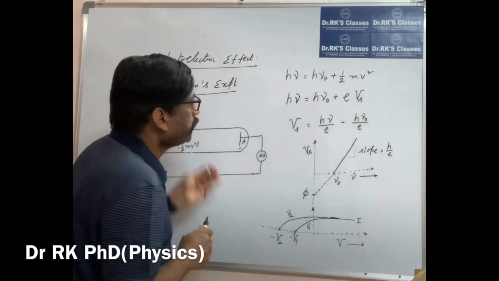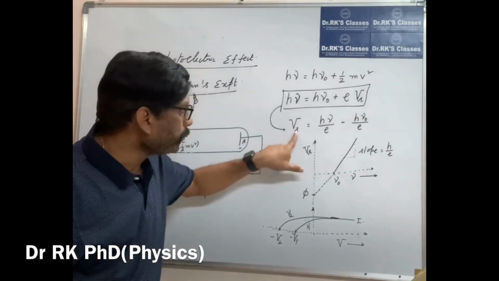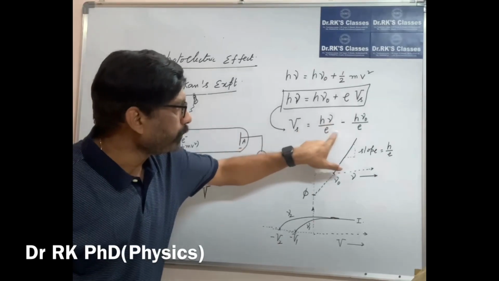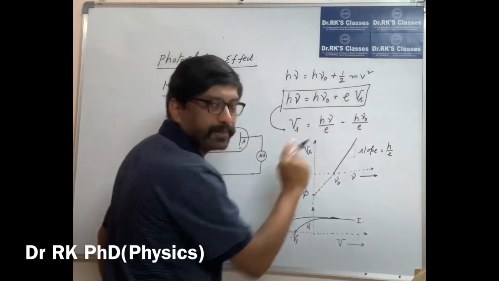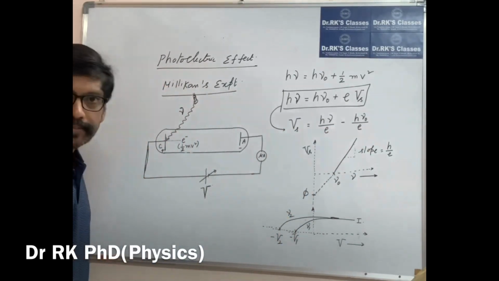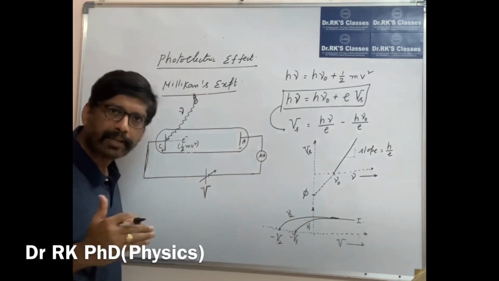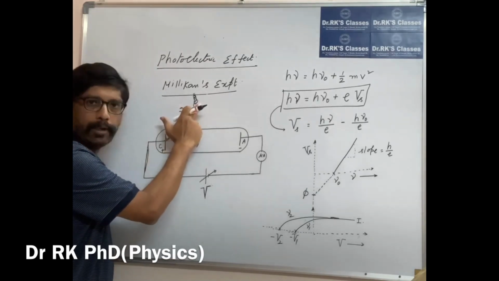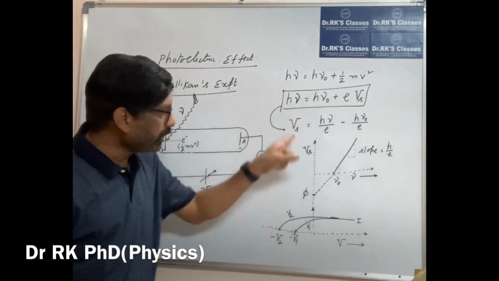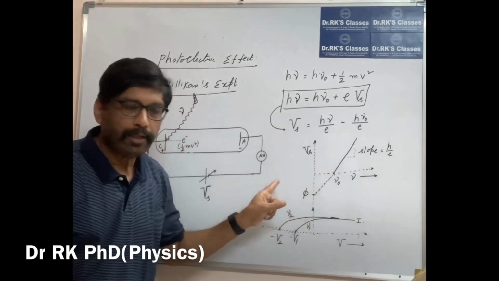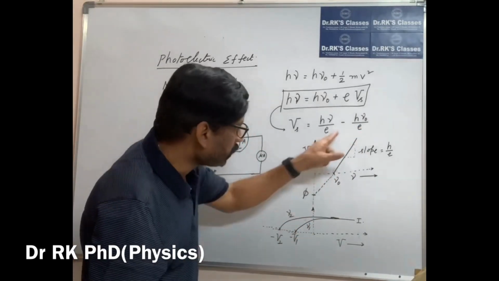This equation we can rearrange: the stopping potential Vs equals h nu by e minus h nu naught by e. So that is like y equals m x plus c. What Millikan did was, for different incident frequencies, such as yellow light, blue light and green light, by changing the frequency or color of the bulb, he measured the stopping potential and plotted a graph. He got exactly a straight line.